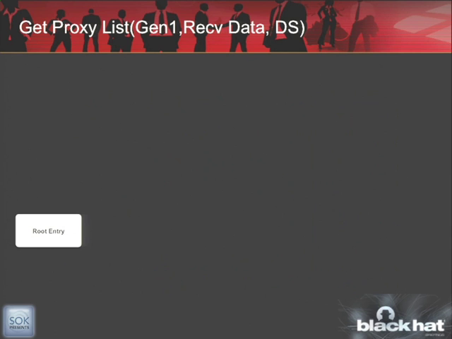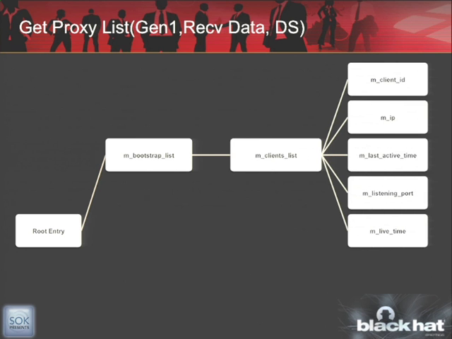As I said before, every single storage has only one root entry, followed by a bootstrap list. This part contains the latest updated proxy nodes list, so it contains IP addresses, listening ports, and so on.